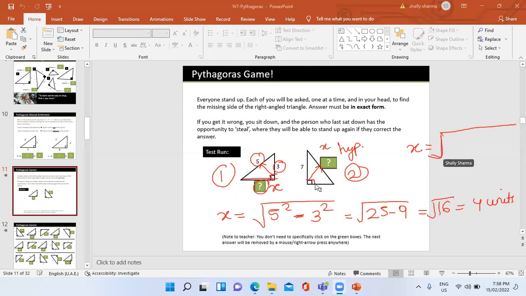It will be 49 plus 4, which is 53. You can write the answer as the square root of 53 units, or you can simplify this. The square root of 53 is 7.2801 and so on, so I can write my answer as x is 7.28 units.